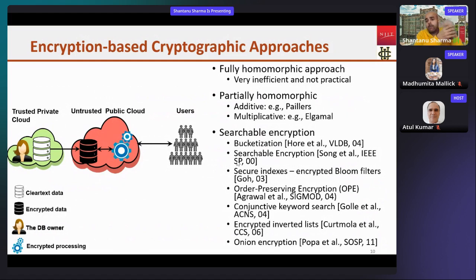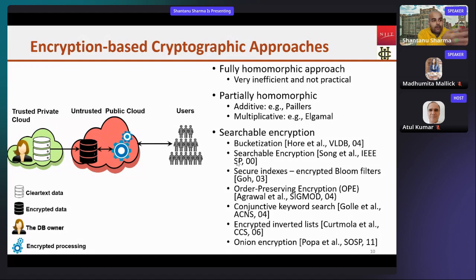The first, very popular technique is fully homomorphic encryption, which can support addition and multiplication over the encrypted data. Whenever we perform the addition operation over the ciphertext and then decrypt the answer, it gives the correct answer of the addition. Based on addition and multiplication, we can solve most computations.